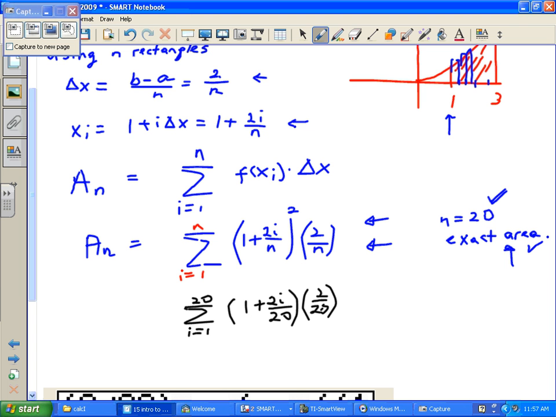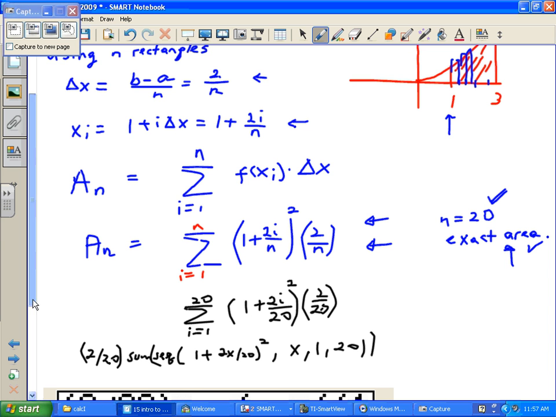It can be taken outside, and basically when we enter this into the calculator, we're going to need to say sum of a sequence. And remember, i is represented by x, so it'll be 1 plus 2x over 20. Excuse me, there was a square here. 2x over 20 squared, comma x for the variable, comma from 1 to 20 for the limits.